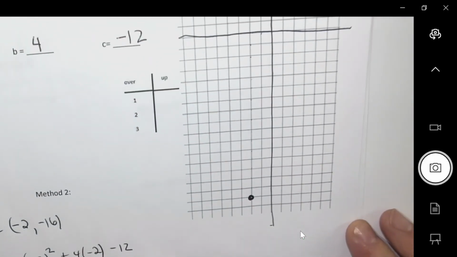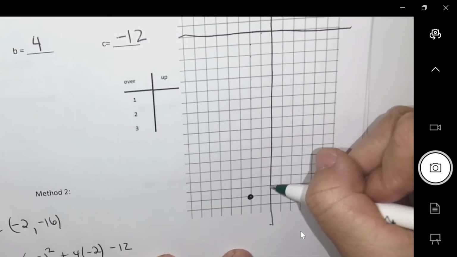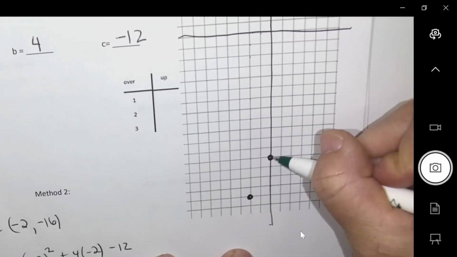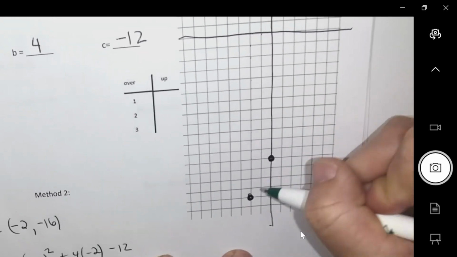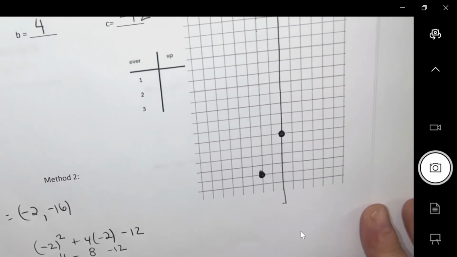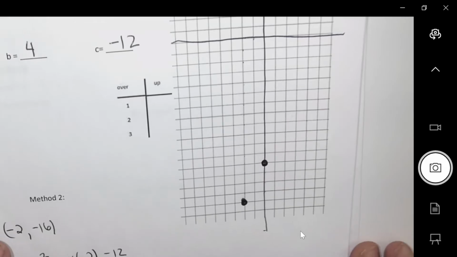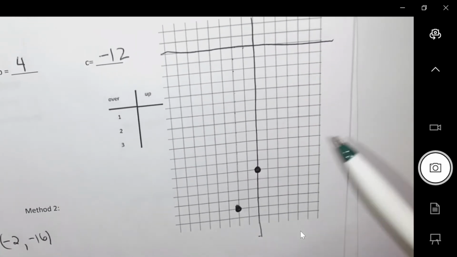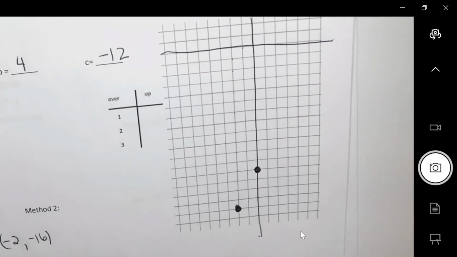Okay, so here's what I know. I kind of did not do my graph right in the middle. I'm a little bit to the right-hand side of that.